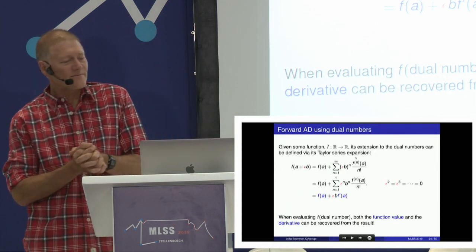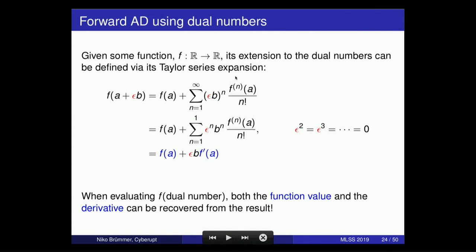To show how the dual number makes differentiation happen, we look at the function at some real argument a, and then we do a Taylor series expansion about a. So the difference between a and the argument that we're actually sending into the function is epsilon b. So b is a real number, epsilon is this really small number.